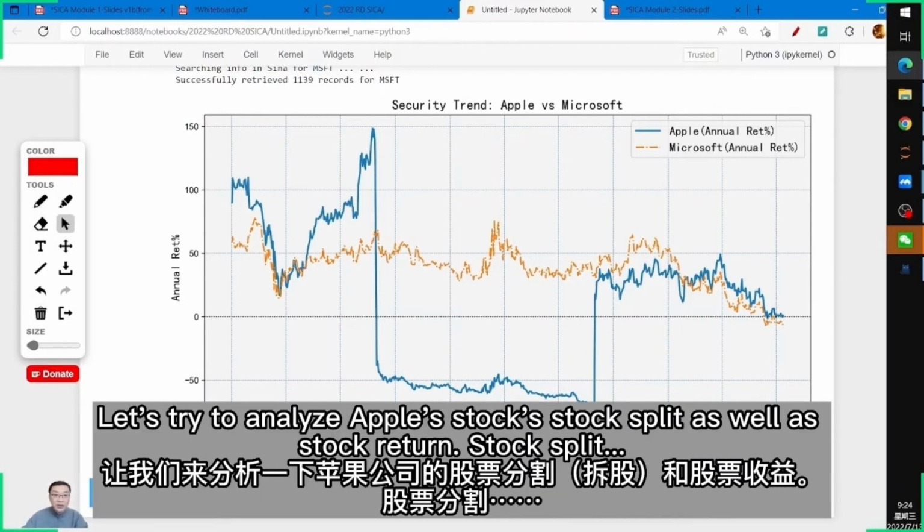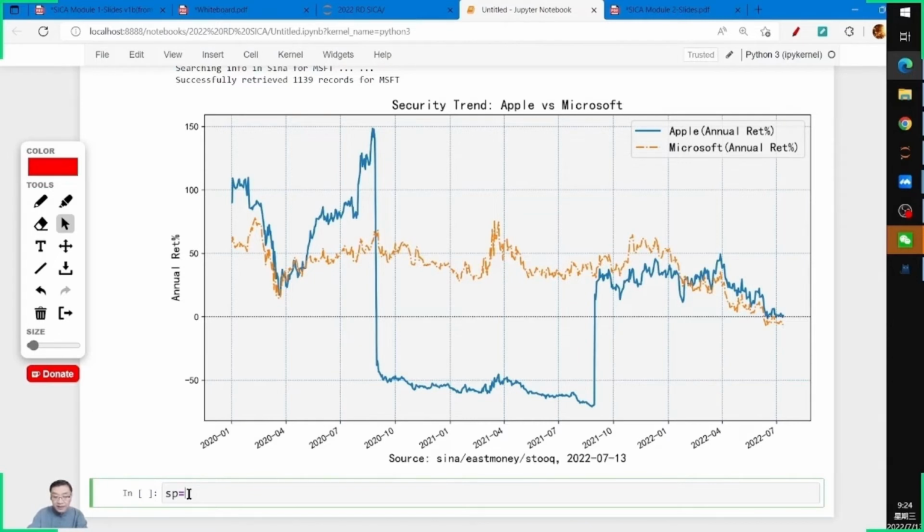Next, let's try to analyze Apple's stock split as well as stock return. Stock split, Apple.